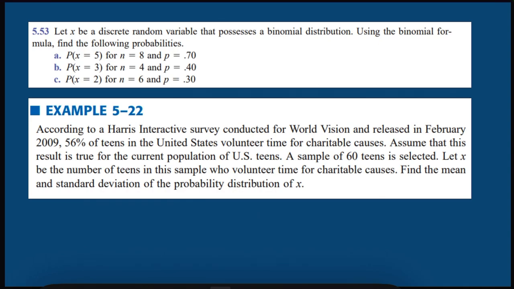We have the discrete random variable x, which follows the binomial distribution, and using the binomial formula we have to calculate the probability x equals 5.